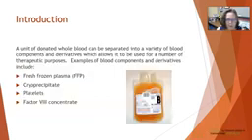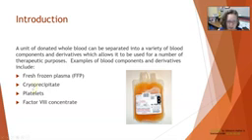So a unit of donated whole blood can be separated into a variety of blood components and derivatives, which allows it to be used for a number of therapeutic purposes. So some examples of blood components and derivatives include, other than red cells, packed red cells, which is what we really think of when we think of blood donations. We think of the red cells. But there's also fresh frozen plasma, which is what's represented here in this picture.